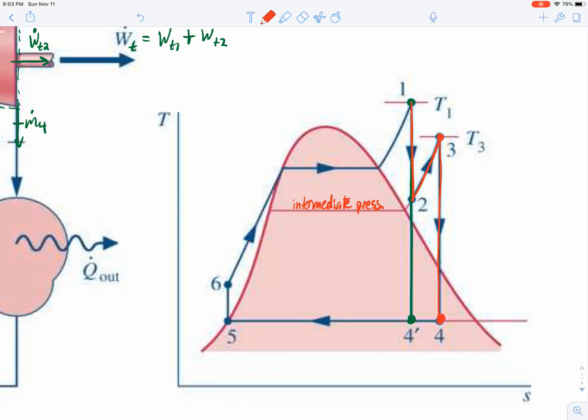And hopefully it becomes evident that the exit of the first turbine is, in this case, superheated. It goes back to even more superheated at the inlet to the second turbine, and then the outlet of the second turbine is at a higher quality state than what it would have been if we had just one turbine. Okay, next we're going to work a specific example.